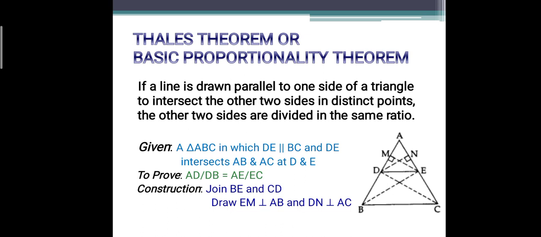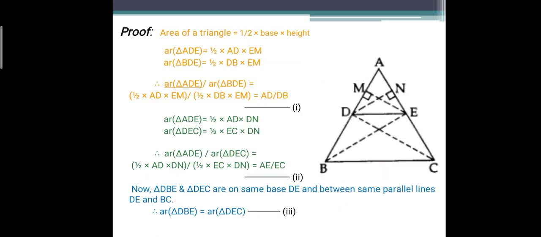For proving this, we do some constructions. We join BE and CD and draw EM perpendicular to AB and DN perpendicular to AC. Now moving towards our proof, for proving AD upon DB equals AE upon EC, we first showed area of triangle ADE upon area of triangle BDE equals AD upon DB, and area of triangle ADE upon area of triangle DEC equals AE upon EC, by using the formula to find area of triangle, which is 1 by 2 into base into height.